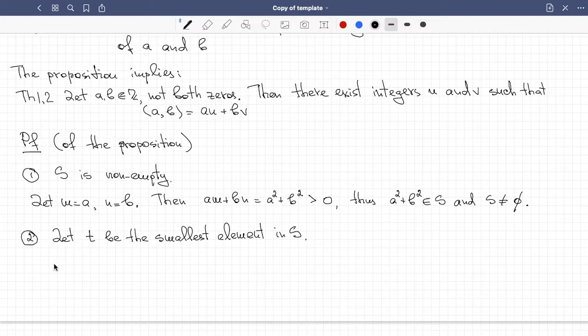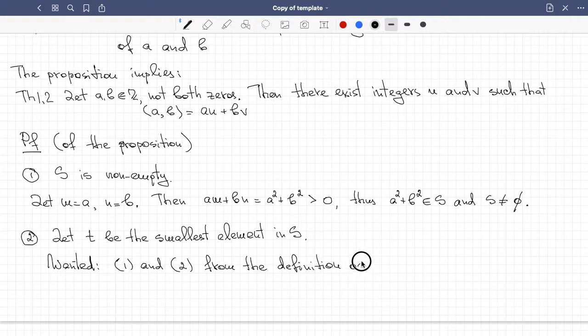What does it mean? We want to prove 1 and 2 from the definition of a greatest common divisor, in order to justify that T, which we just found it exists, is the greatest common divisor.